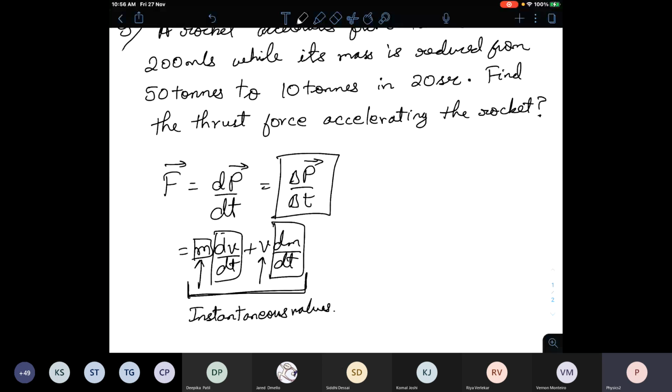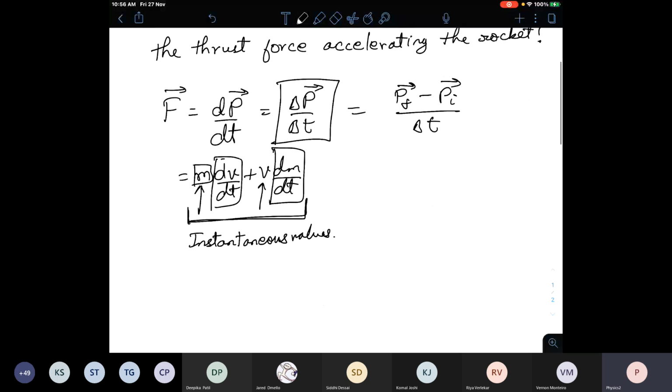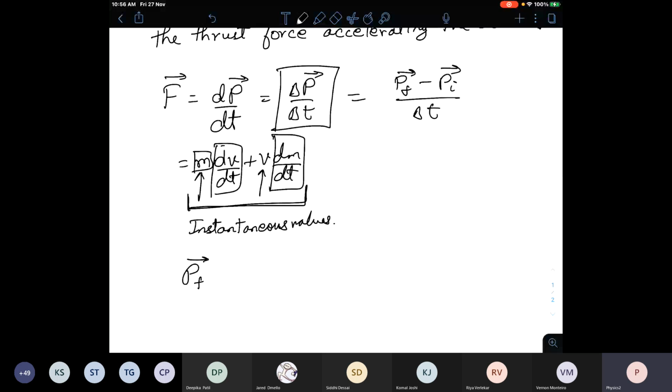So what you can write is delta p by delta t equals p final minus p initial upon delta t. Delta t is 20 seconds. Let's talk about p final. P final will be m final v final, simple. Final mass into final velocity.